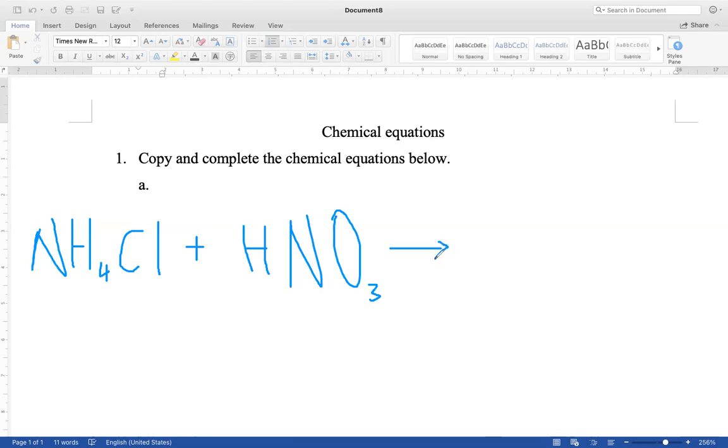Ammonium chloride as well as nitric acid. What are we likely to form?